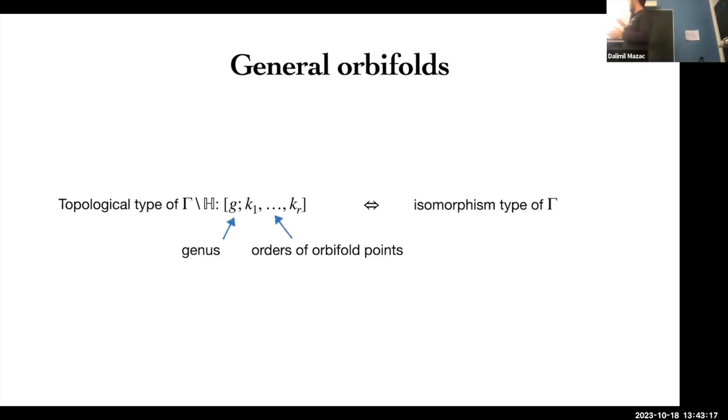This topological type is the same thing as the isomorphism type of gamma. There could be a moduli space of surfaces, which means that there are different ways to embed the same group into PSL2R. That's what it means to have a moduli space. But the topological type doesn't keep track of the embedding of the group into PSL2R, just of the isomorphism type of the group itself.